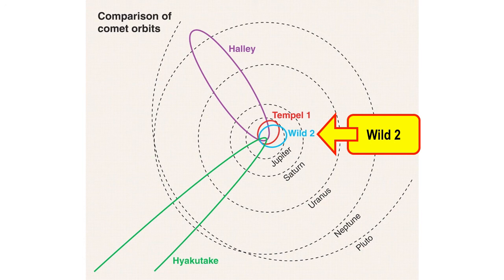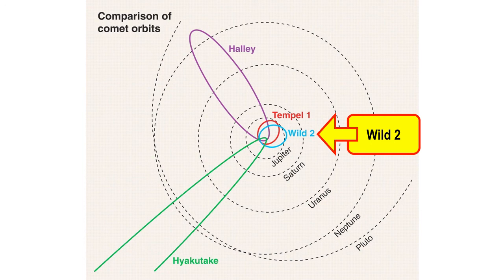But now there's a couple down here in the inner solar system, Wild 2 and Tempel 1. And if you look at these orbits, you'll see that Wild 2 barely goes a little bit past Jupiter for its aphelion. So its semi-major axis is a little bit bigger than the semi-major axis for Jupiter.